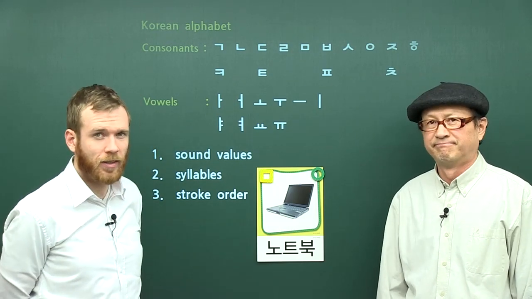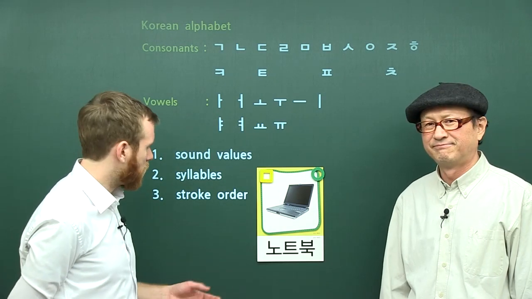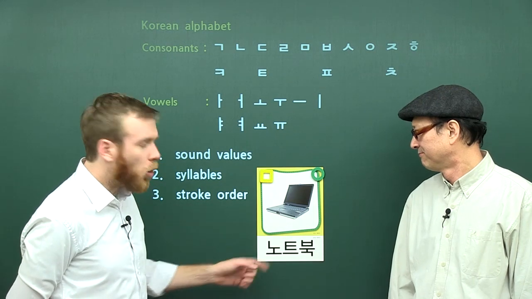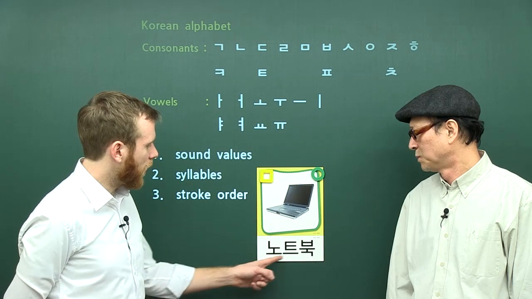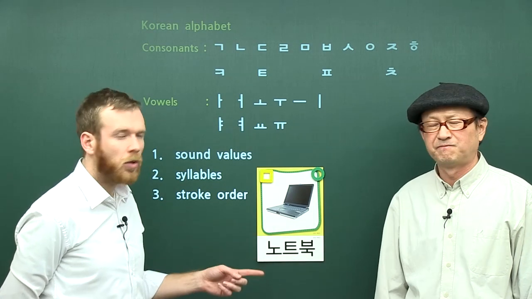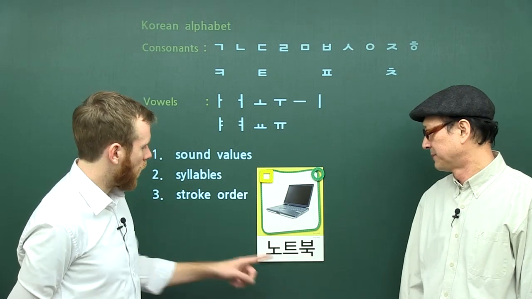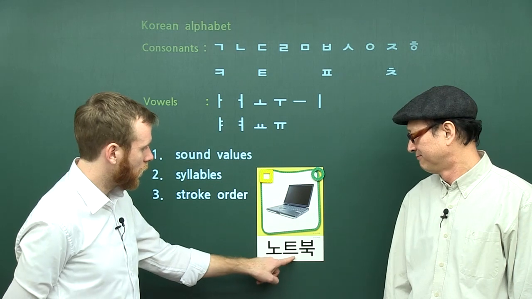So notebook has a little bit of a different meaning. I guess we can say notebook for a laptop in English too. In this case, notebook maybe in English is two syllables. In Korean, we get an extra syllable, notebook. So 1, 2, 3. So I can deduce that this is no to book.